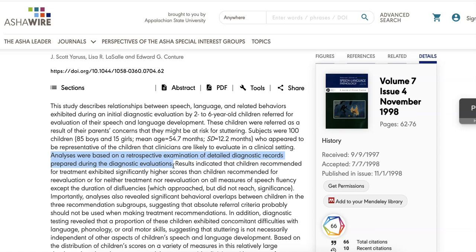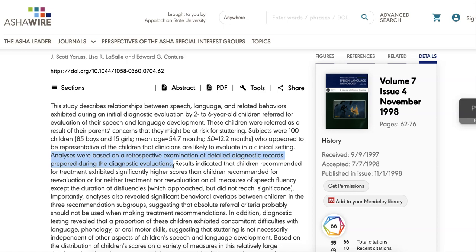And then, are we sure that every clinician was trained in how to count a moment of stuttering versus a moment of normal disfluency? Because it's retrospective, the data wasn't collected before the study. So you're going back and looking at older data.